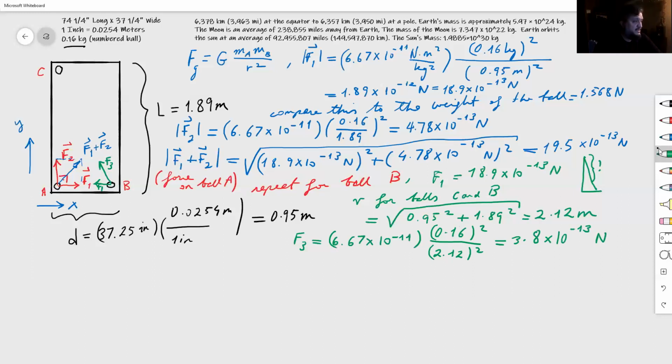So the force on B due to C is 3.8, and the force on A due to C is 4.78. So the numbers are consistent.